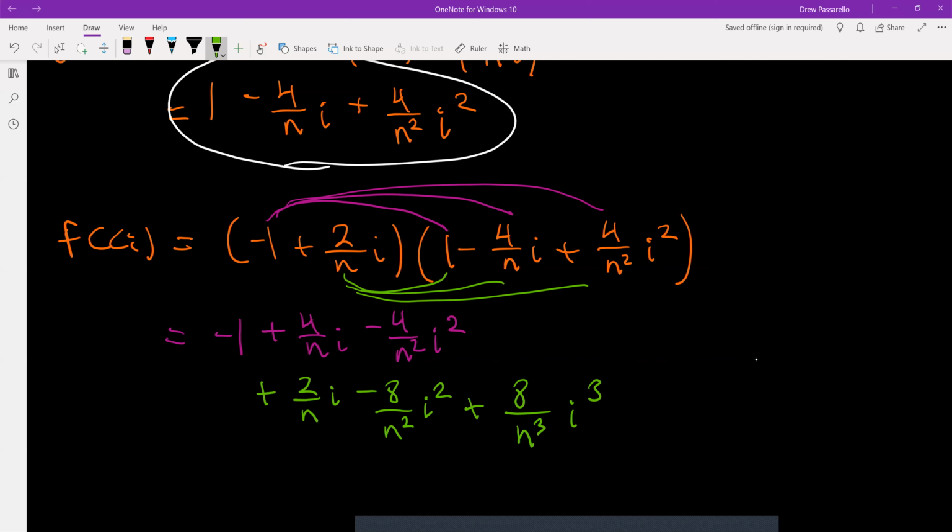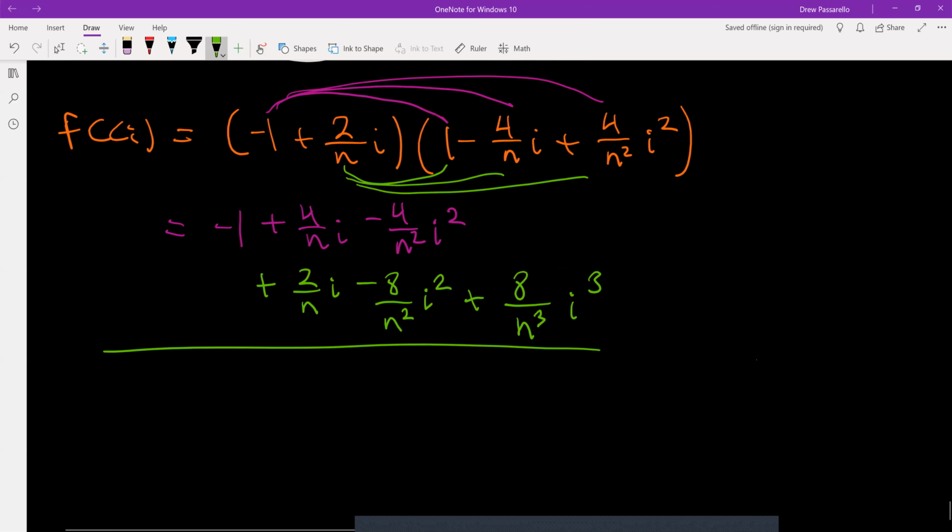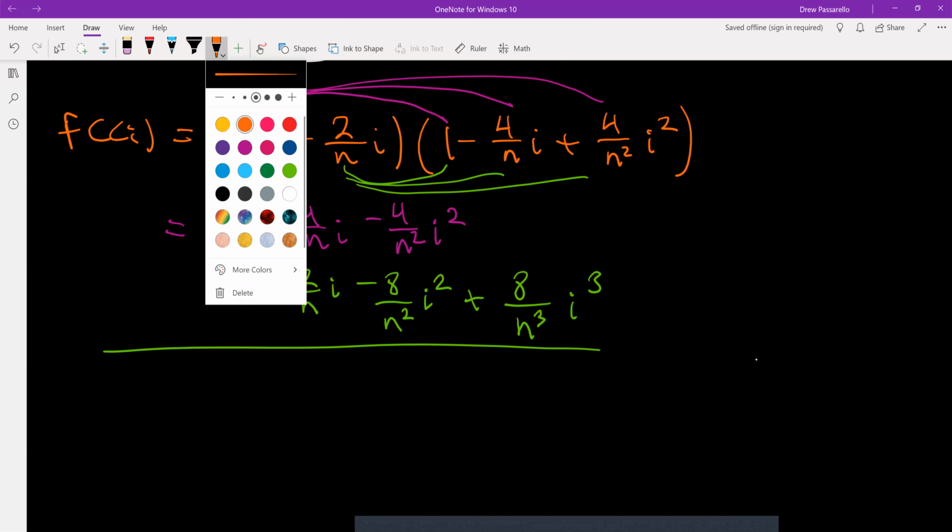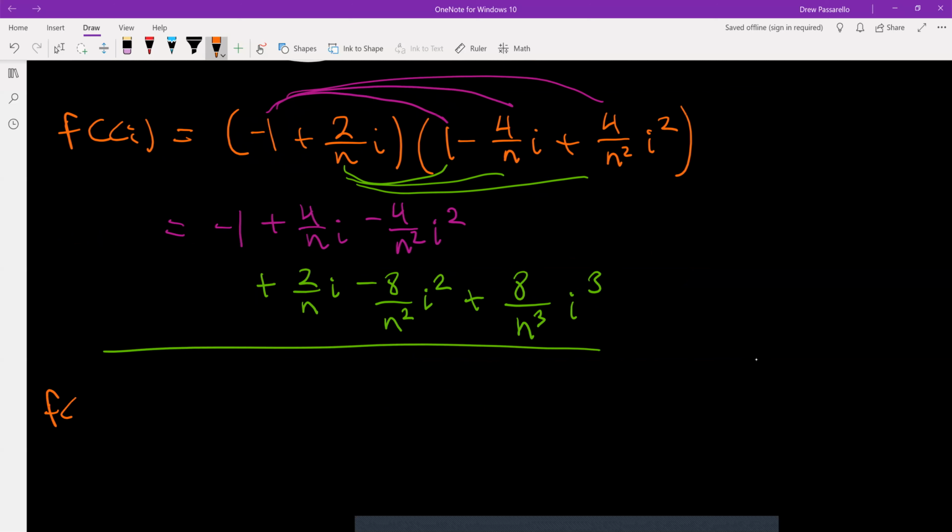So then I just add all of that. So f of c_i is going to equal -1 plus 6/n i minus 12/n squared i squared and then plus 8/n cubed i cubed.